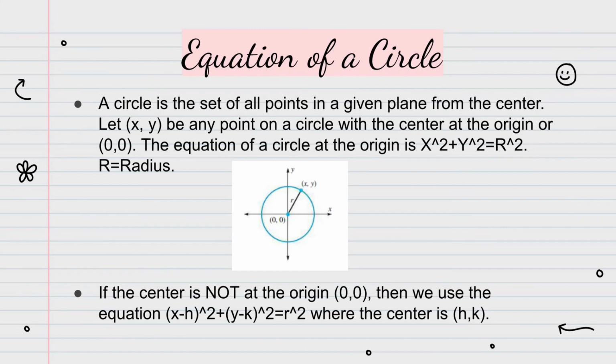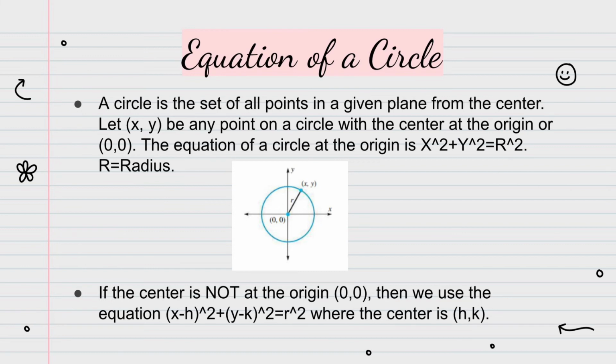The last math concept that we're going to be discussing for section 13.3 is the equation of a circle. A circle is the set of all points in a given plane from the center. Let xy be any point on the circle with the center at the origin, or 0, 0.